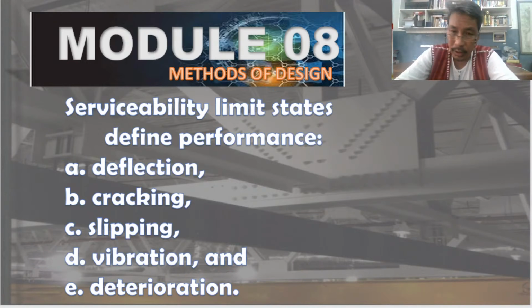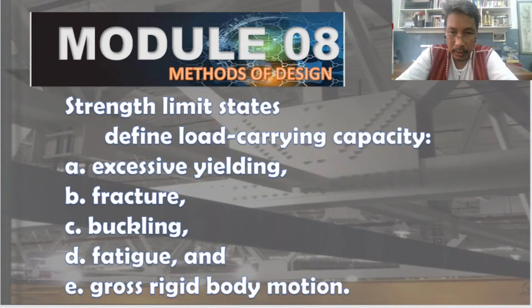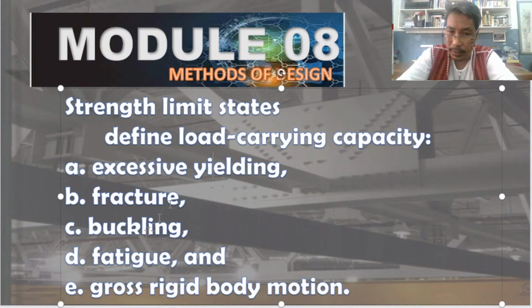If you really want to design holistically, you have to consider 10 design computations. However, in this course we will tackle mostly yielding and buckling, because of time constraints.